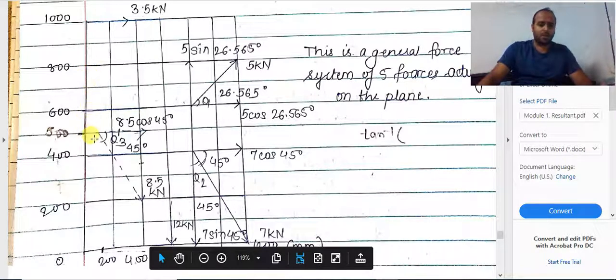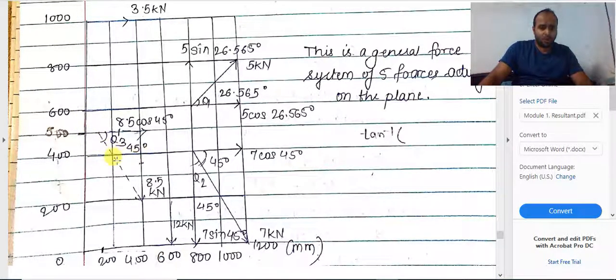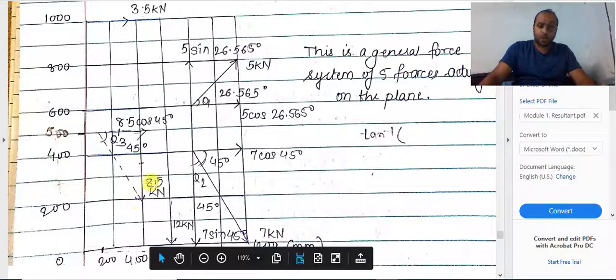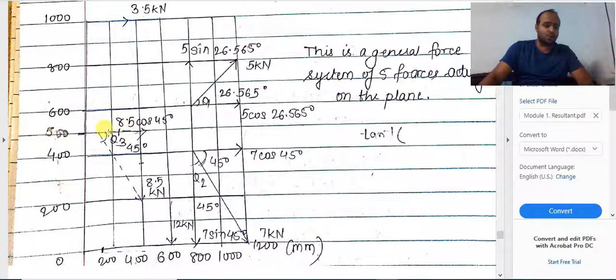Okay, one by one, let us go with the forces. So here it is 8.5 cos 45. This particular force I am considering over here on this point. See, it's a tactic, my dear friends, by the principle of transmissibility of force. You could have considered it over here, or over here, or even over here. So friends, you should not get confused.